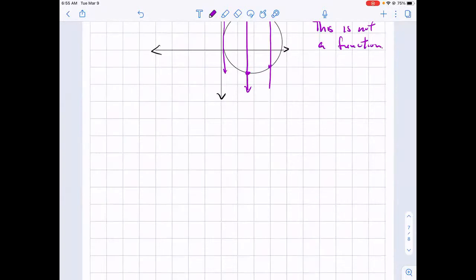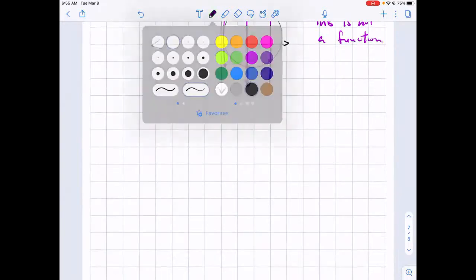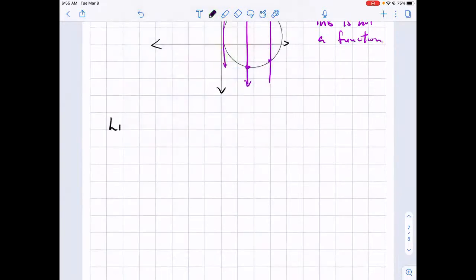So as I said before, if we draw linear graphs, if we look at linear, there's only 3 ways to draw a linear graph, right?